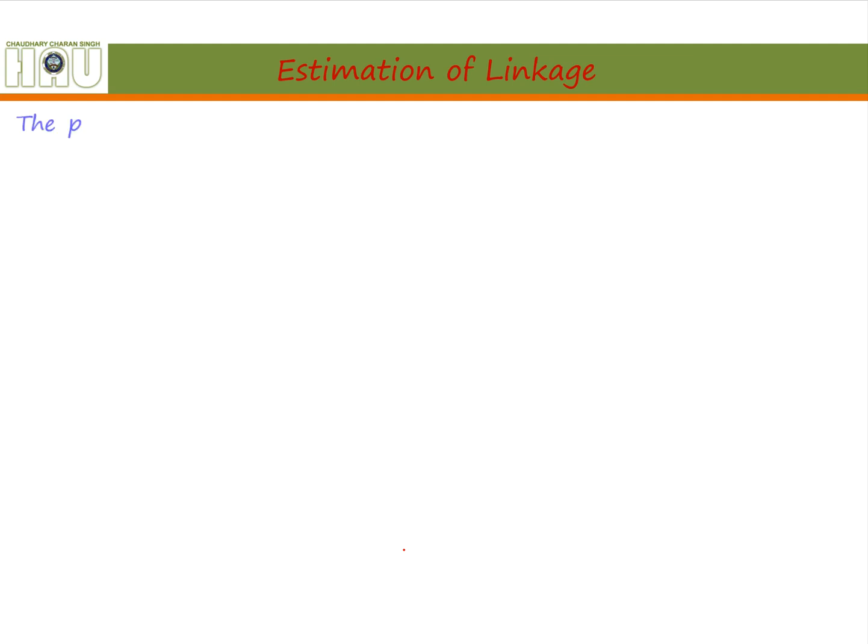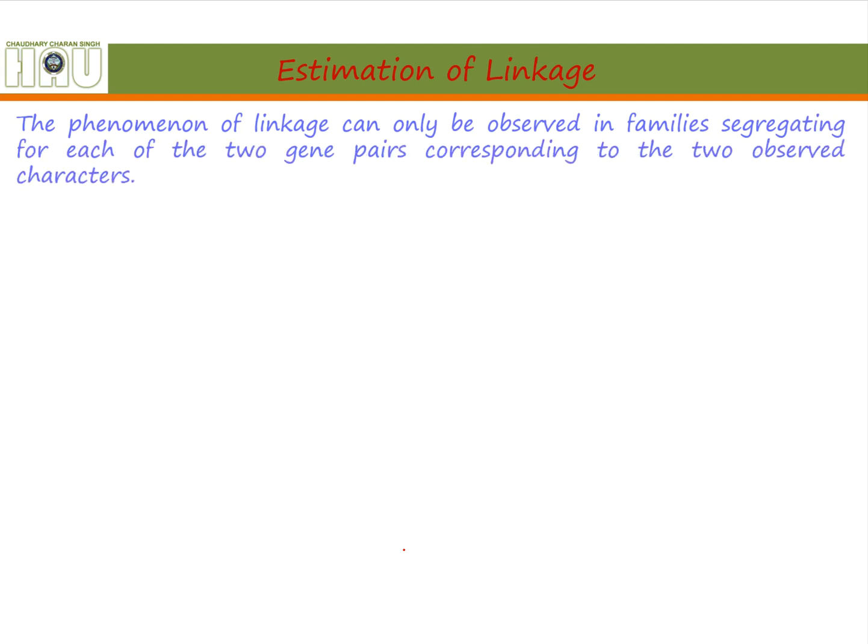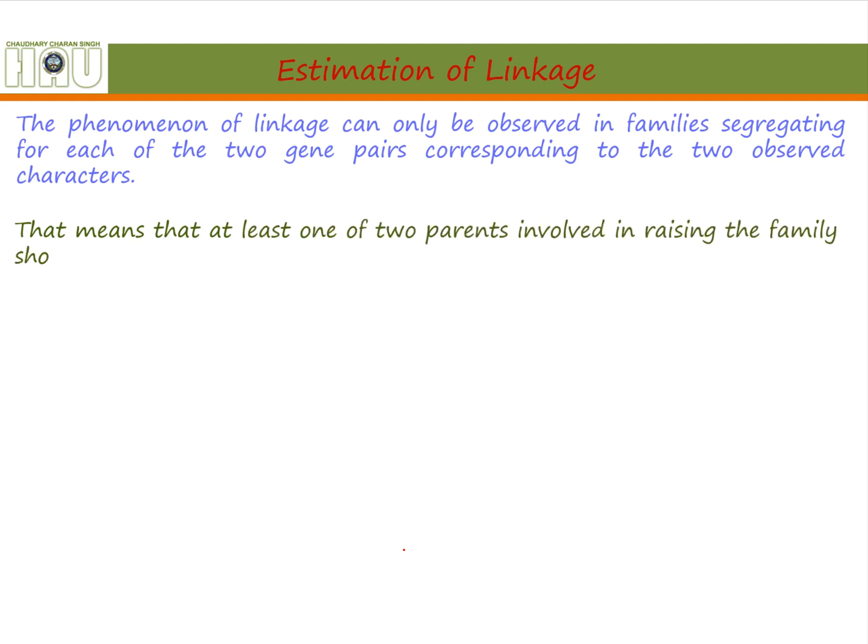So the phenomenon of linkage can be observed in a family segregating for each of the two gene pairs corresponding to two observed characters. It means that at least one of the two parents involved in raising the family should be double heterozygous. Let us explain this in detail.